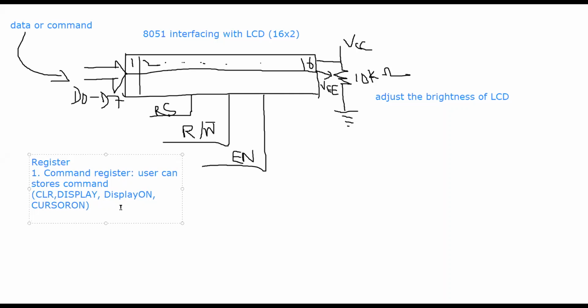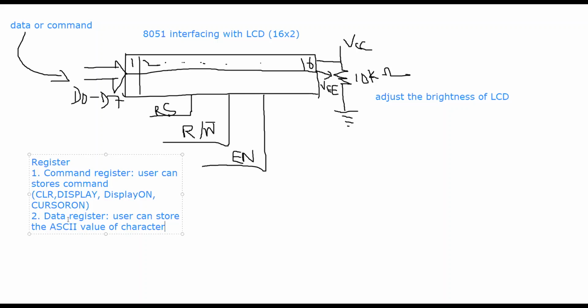Another register is the data register. Using the data register, the user can store the ASCII value of a character.